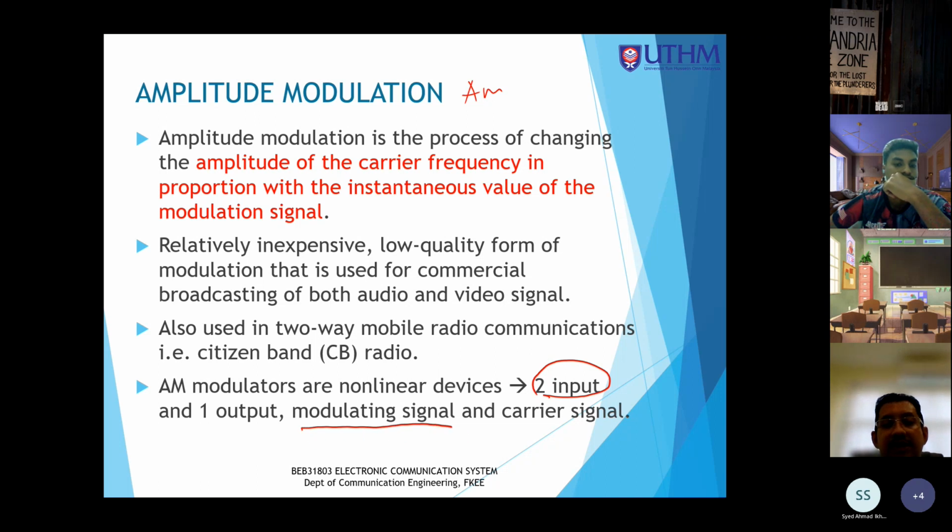Perkataan modulating signal ini merujuk kepada input signal, input message. Okay, nanti you akan lihat ada kepelbagaian istilah yang digunakan ya. Ada dinyatakan modulating signal, modulation signal, message signal. So that one is referring to the input. Okay, and we have another one what we call as carrier. Okay, the other one is carrier.